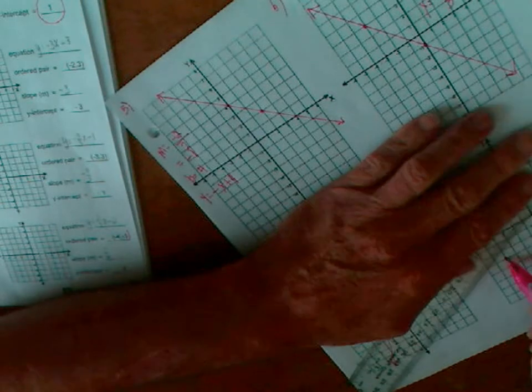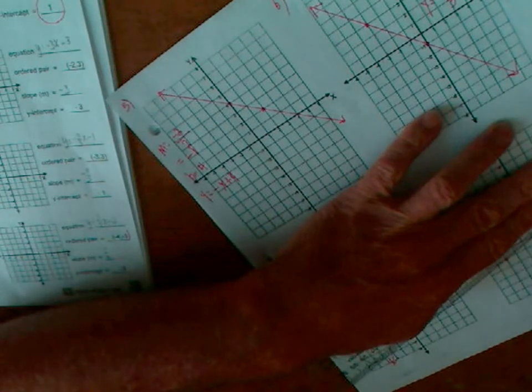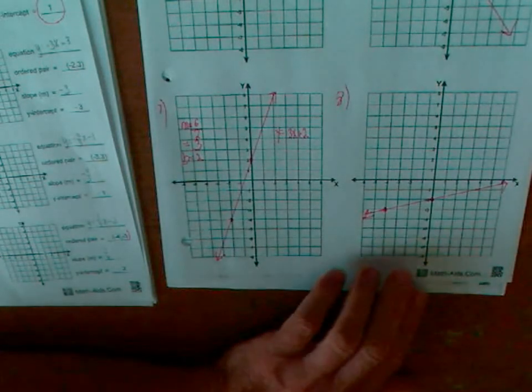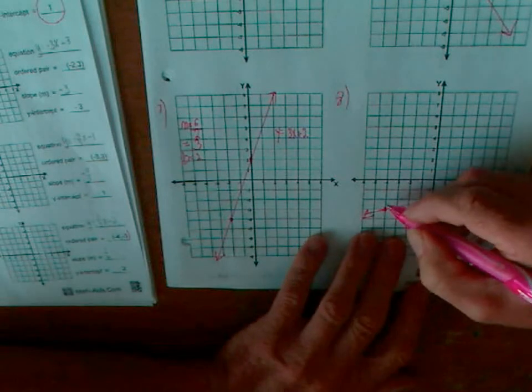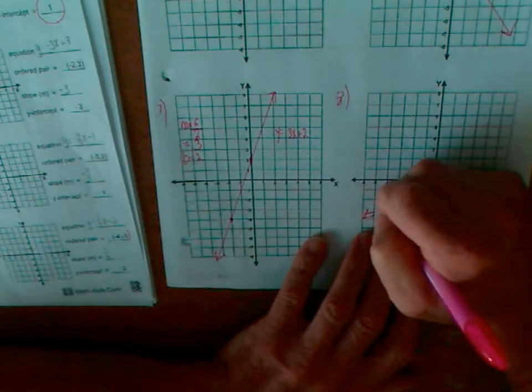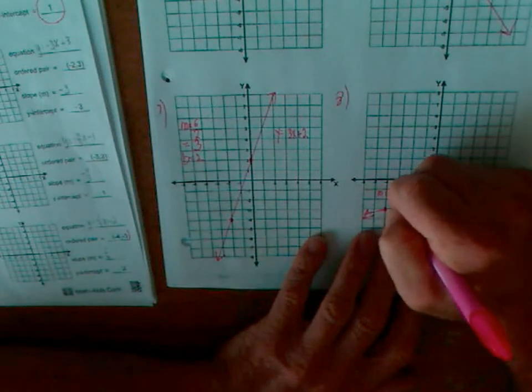So let's go ahead and plot C and graph. That doesn't have much of a slope, this line, so it's going to be some kind of fraction. So we're going to rise though. Rise 1, 2, 3, 4. So this has an m value of 1/4.